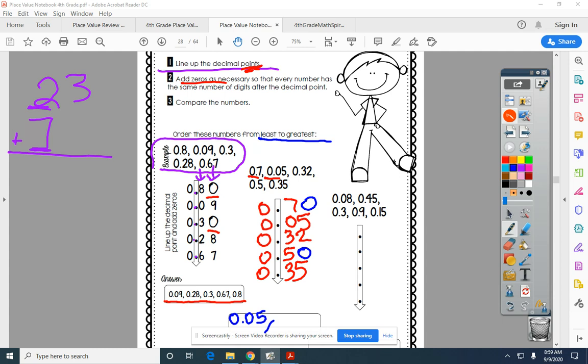Now, who we got? 0.32. And then 0.35. And then 0.50. And then 0.7.